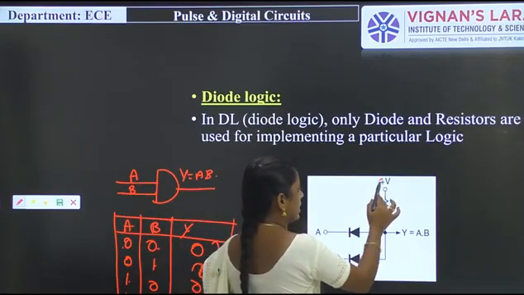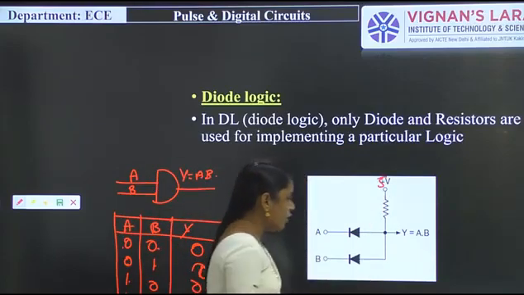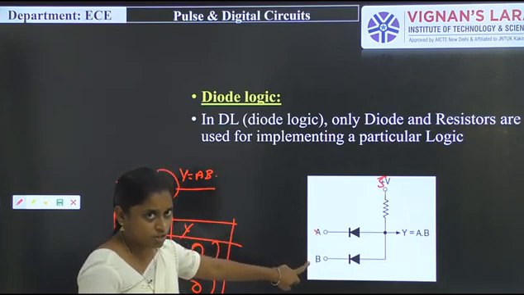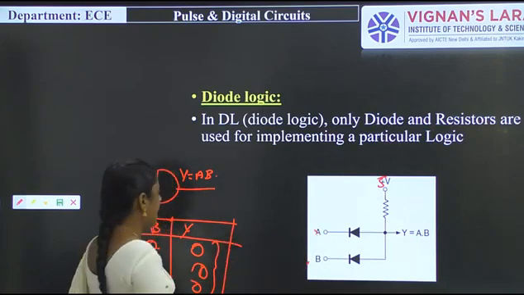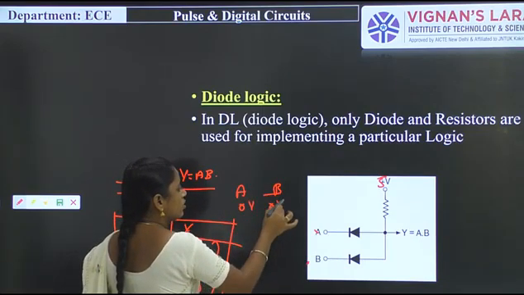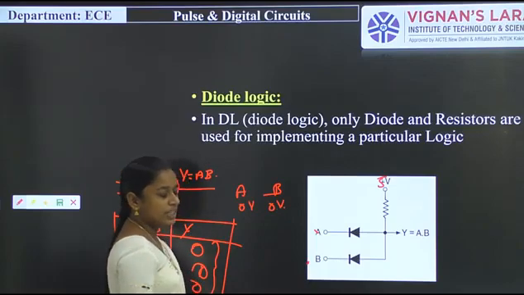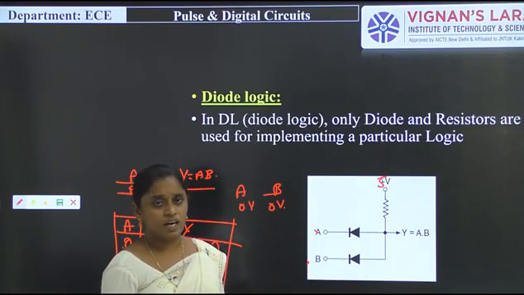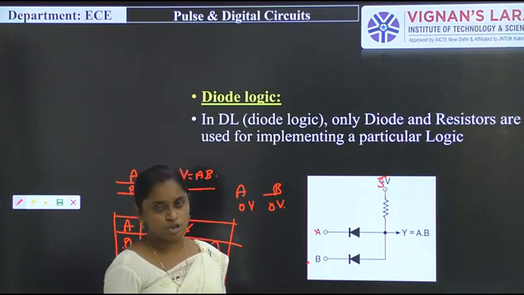Here the applied voltage is 5 volts. This is a positive logic, so for A and B, first I am applying 0 volts and 0 volts. What is the on condition of the diode? The anode voltage must be greater than the cathode voltage, and the anode voltage must be greater than 0.7 volts.